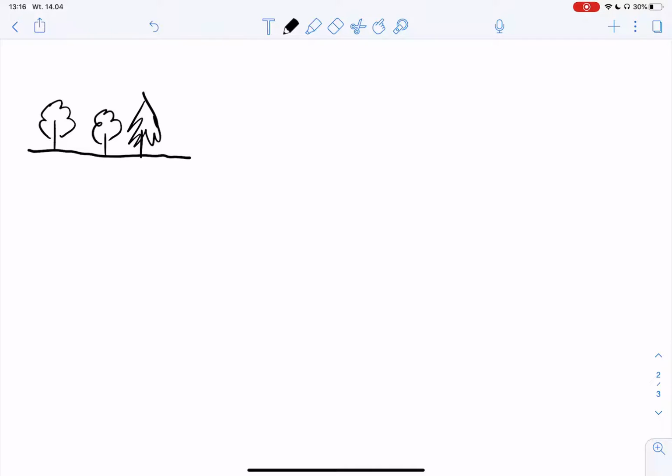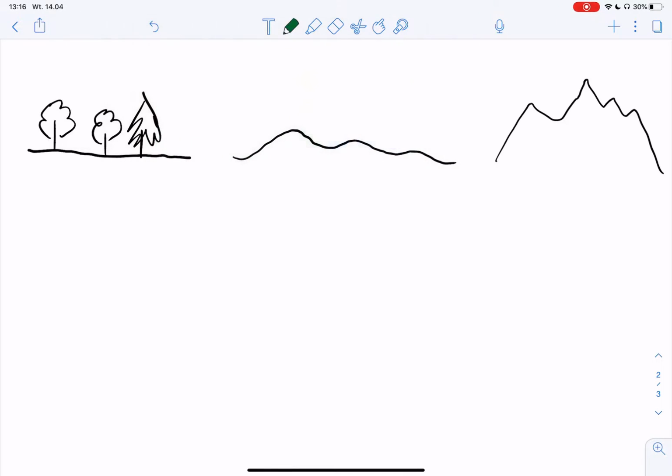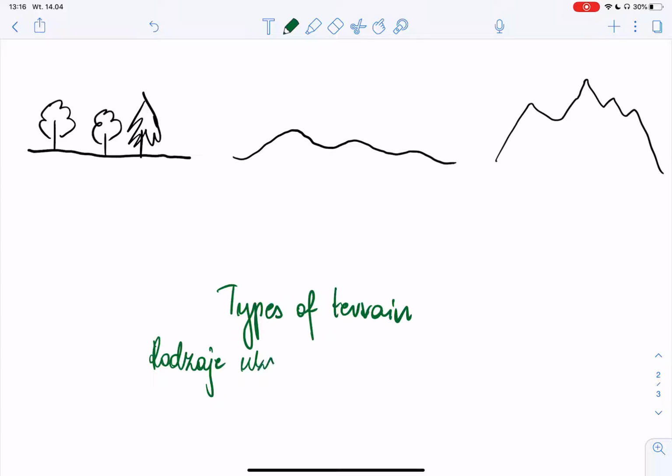And guys, the terrain, the land around us, can look like this. But it can also look a little bit like this. And it can look like this. Those are the types of terrain. Rodzaje ukształtowania terenu.